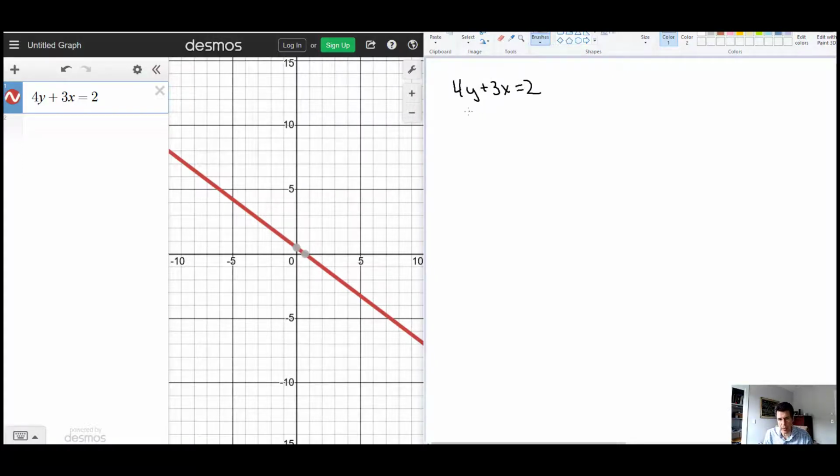We're going to solve for y, so 4y equals negative 3x plus 2. Y equals negative 3/4 x plus 1/2. Now we can see if we plug a single value for x in, we get a unique single value for y. So this is a function.